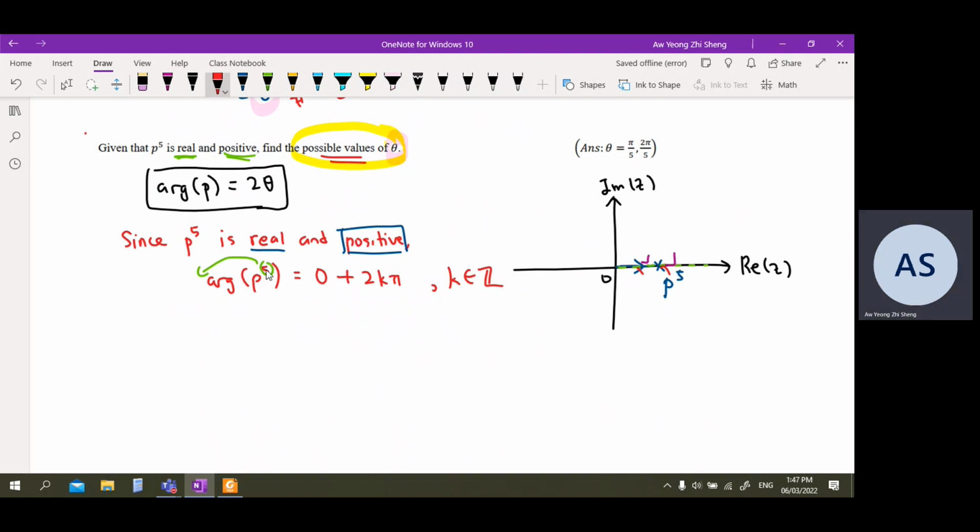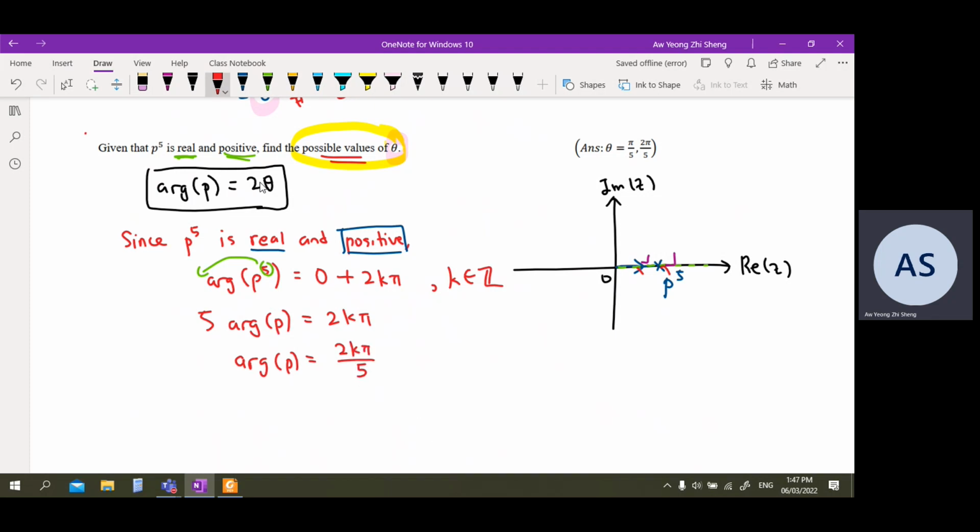On the left, I will still do the same thing where I move the 5 to the front. So I have now 5 argument p is equal to 2k pi. And then solving for argument p, I have 2k pi divided by 5.